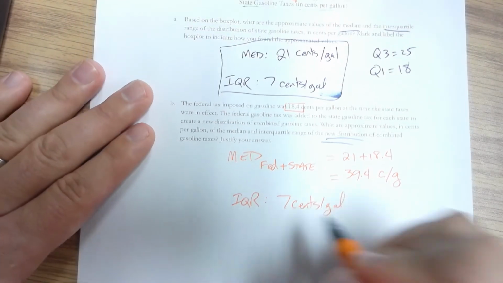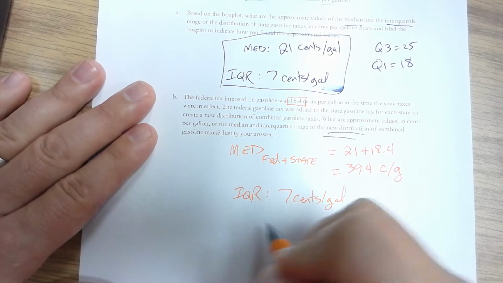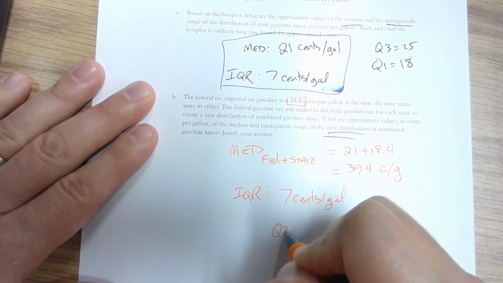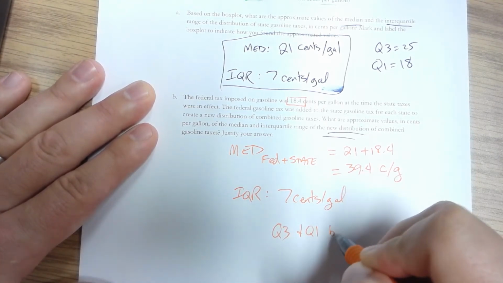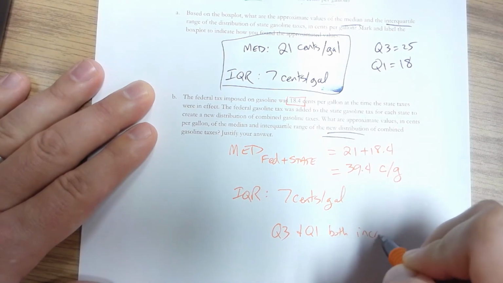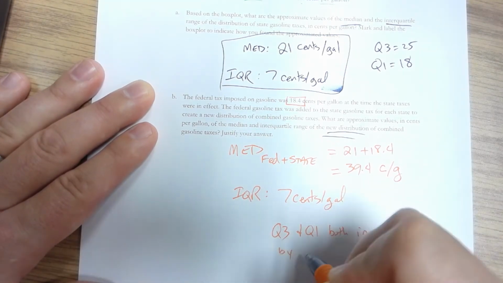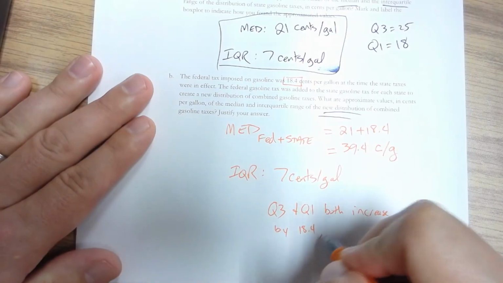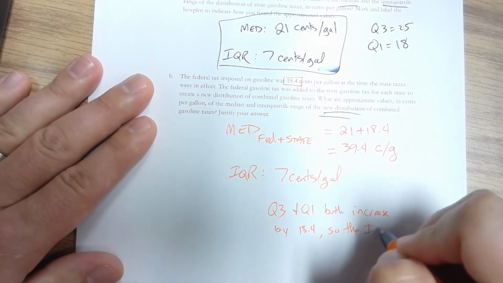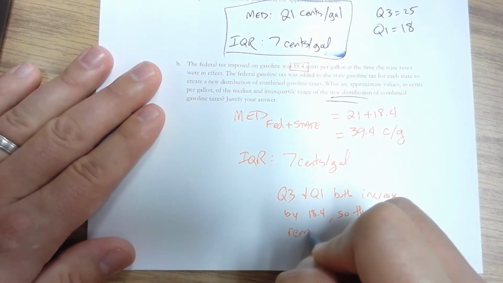And I could sort of show it this way, I guess. Q3 and Q1 both increase by 18.4, so the IQR remains constant.